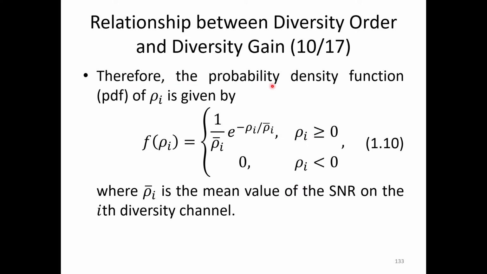Therefore, the probability density function PDF of rho I is given by f of rho I is equal to 1 over rho bar I times exponential minus rho I over rho bar I when rho I is greater than or equal to 0, and f of rho I is equal to 0 when rho I is smaller than 0, where rho bar I is the mean value of the SNR on the ith diversity channel.